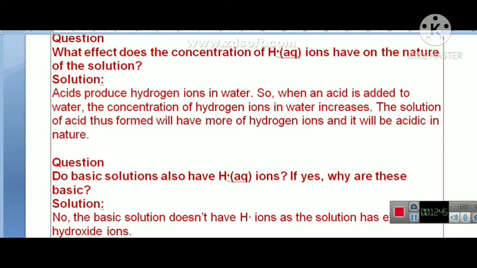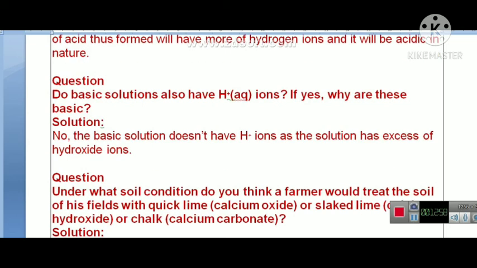What effect does the concentration of H plus ion have on the nature of the solution? Basic solutions do not have many H plus ions, and if H plus ions are present in the given basic solution, they are far less.